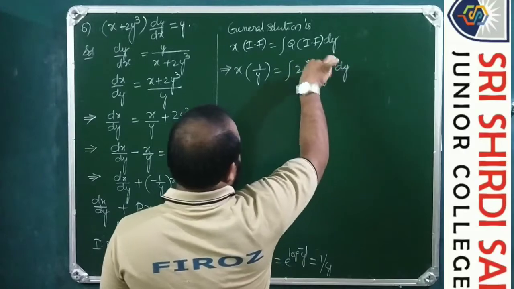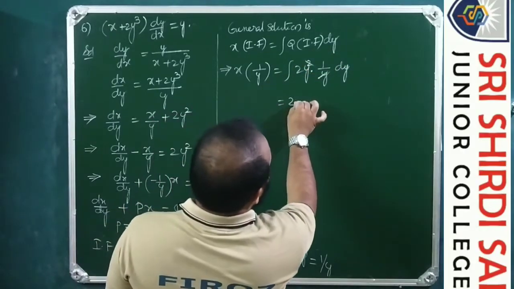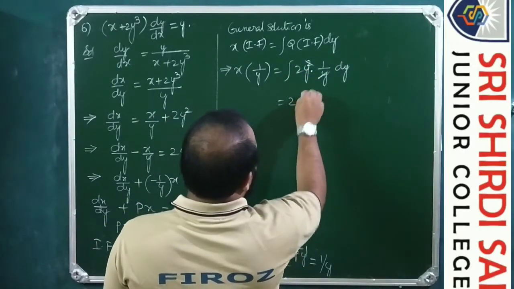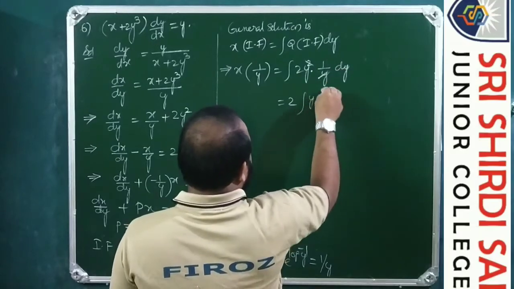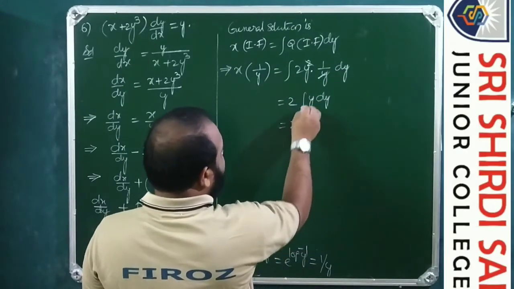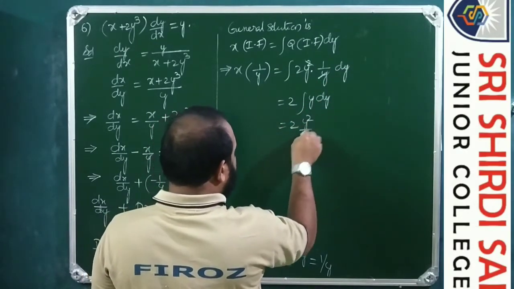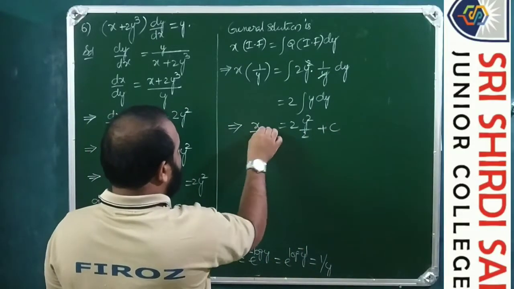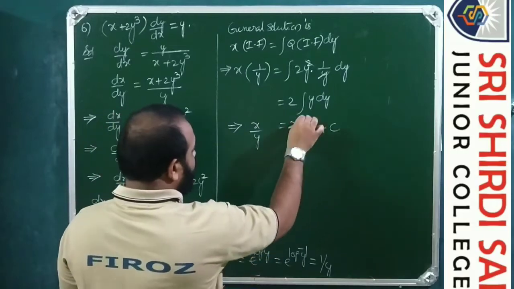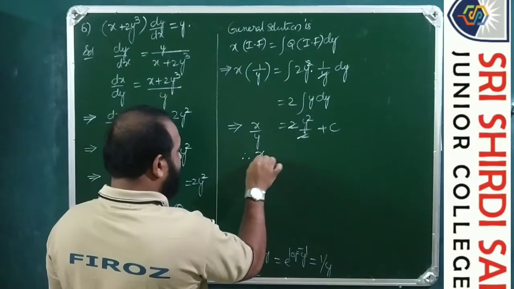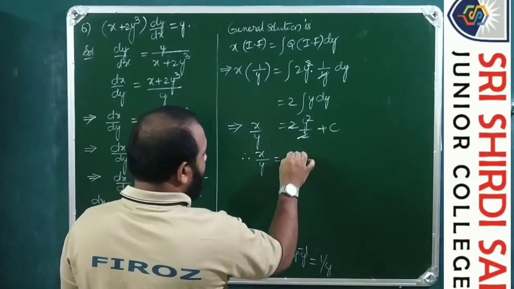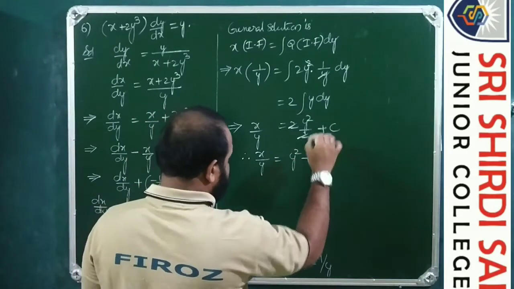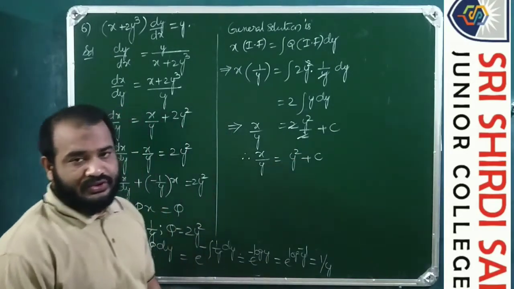So this and this gets cancelled. So this is 2 integral y dy, which is y square by 2 plus constant of integration c. So x by y equals y square plus c is the required solution.